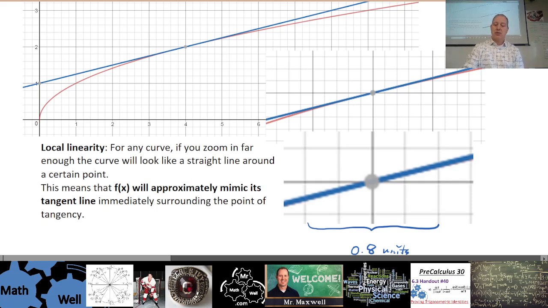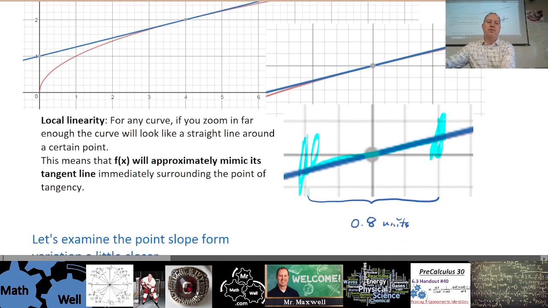That's really important. Now it does start to deviate, but if we have x values focused right in here, from here to here, on this graph this is a full 0.8 units. It's almost one full unit. This is 2, 4, 6, 8 units, 0.8 units. And the line is almost identical throughout that span.